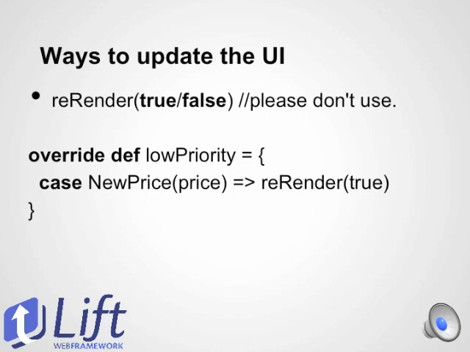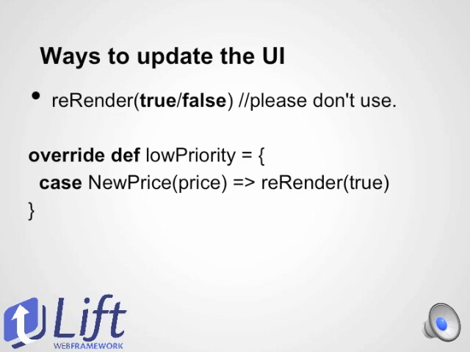You might wonder what true or false does. When you define your Comet, you can also define an area of fixed HTML that doesn't normally change. If you do reRender false, then that fixed HTML won't be updated; the Comet won't touch that.